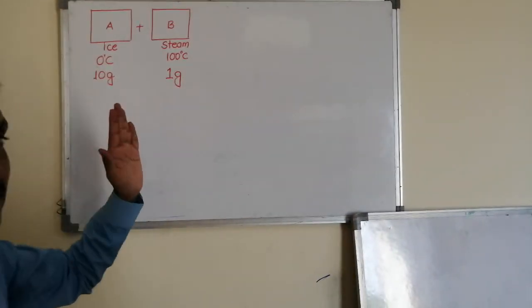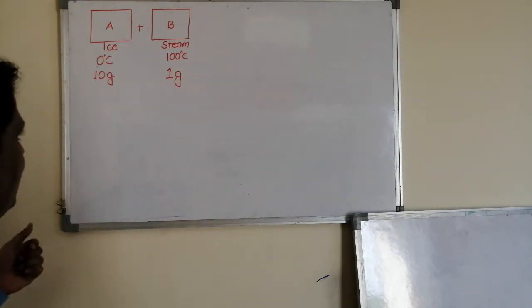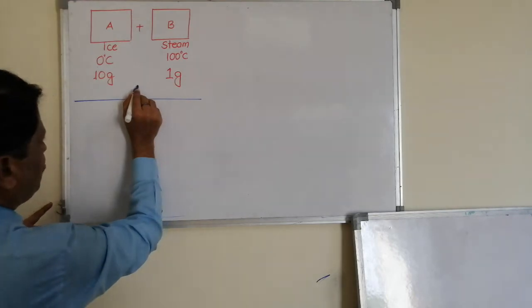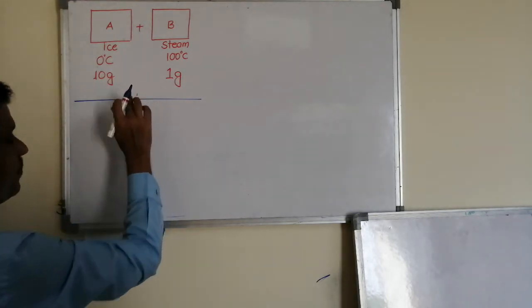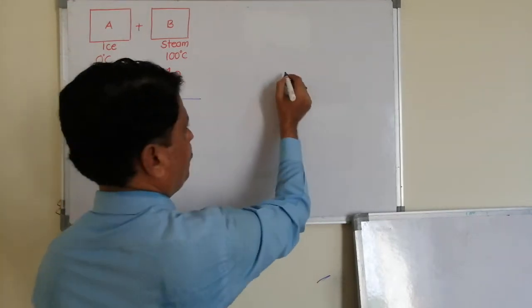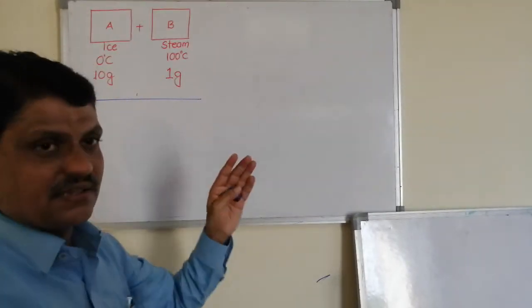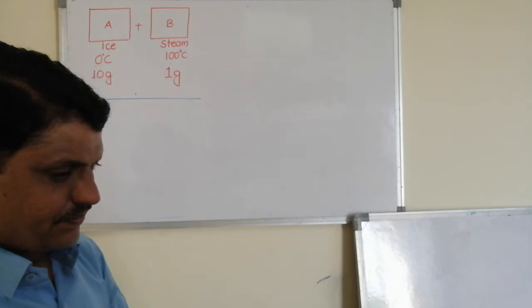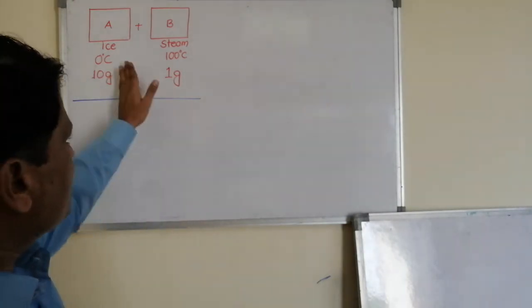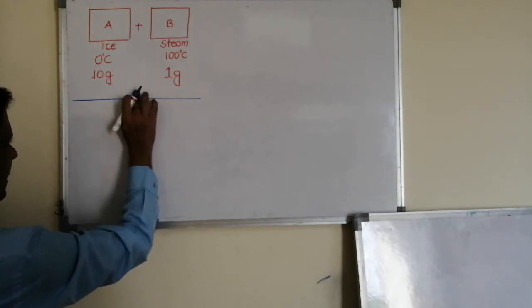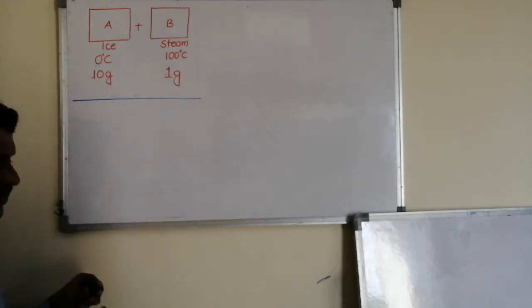For such cases we have to make a table. We have to follow 3 steps. First, we have to bring both the bodies to the same state. In the table, we bring both the bodies to the same state.